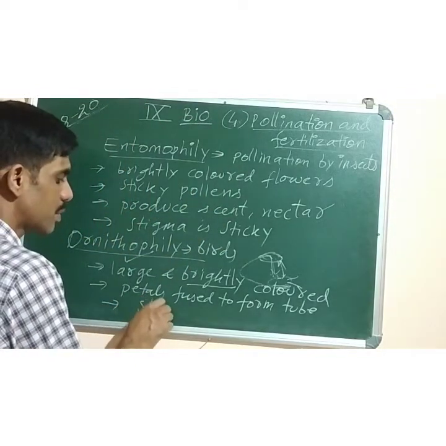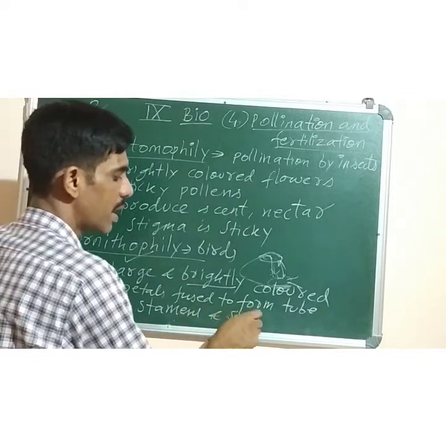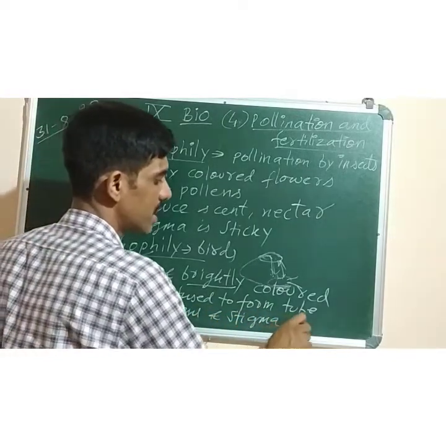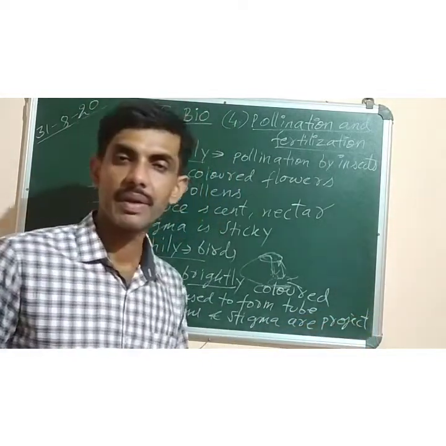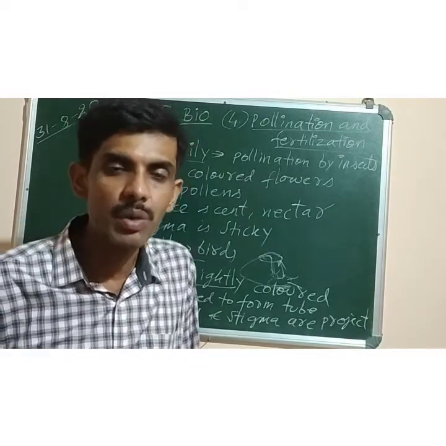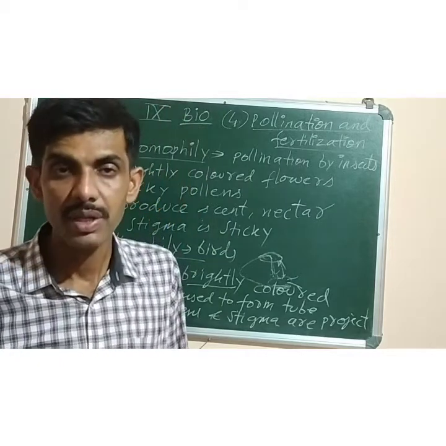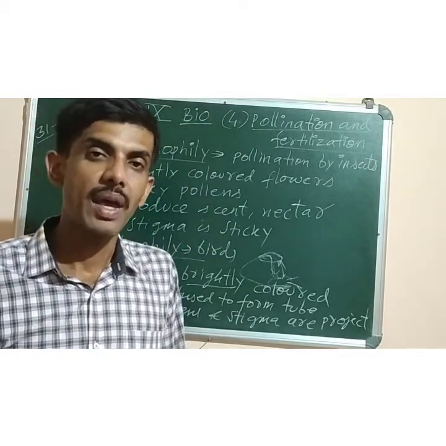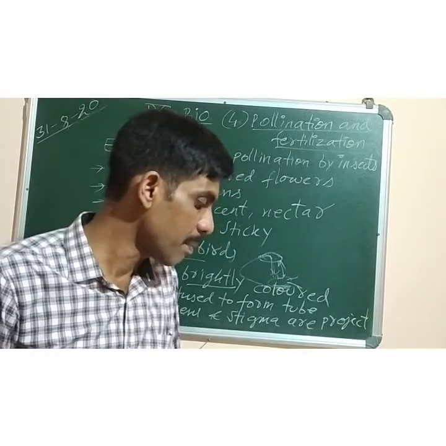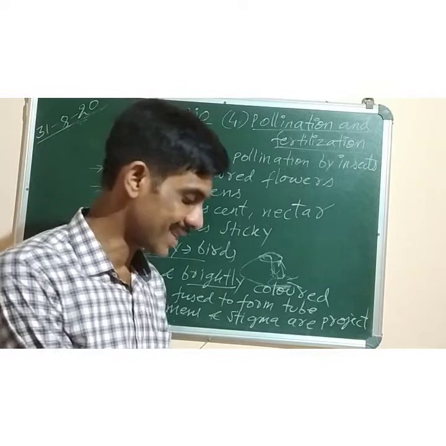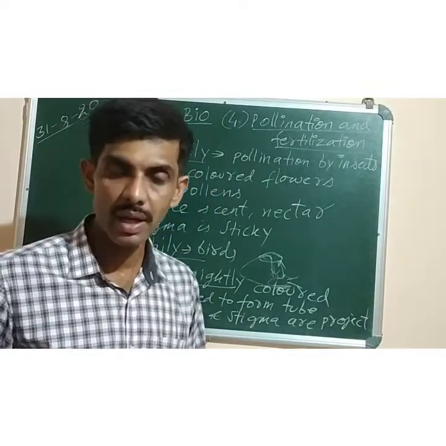Stamens, that is the male part, and stigma, that is the female part, are projecting, meaning they are placed outward so that they can come in contact with the body of the birds to bring about pollination. Examples of such flowers which are pollinated by birds are hibiscus, that is China rose, Erythrina, passiflora, canna, begonia, etc.